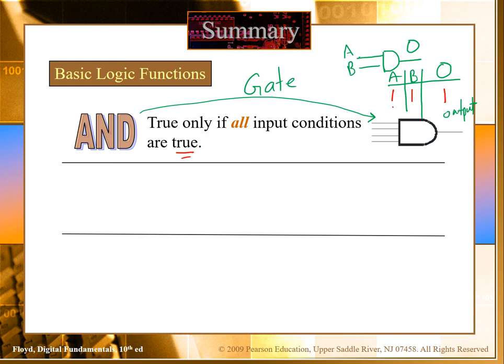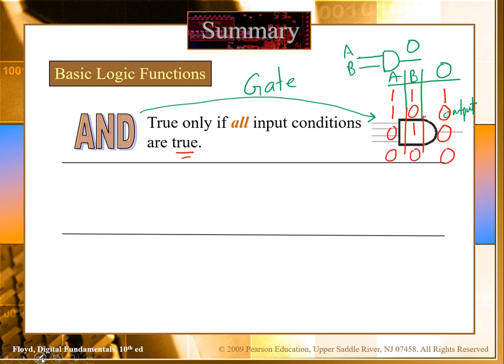If A is 1 but B is 0, then the output will be 0. If A is 0 and B is 1, again our output will be 0. Why? The output will be true only if both are true, and if both are 0, then the output will be 0.